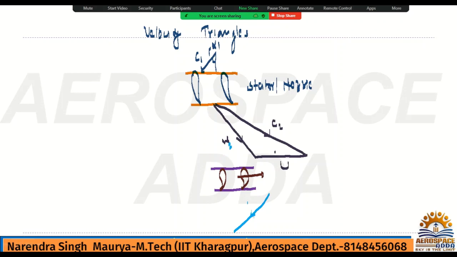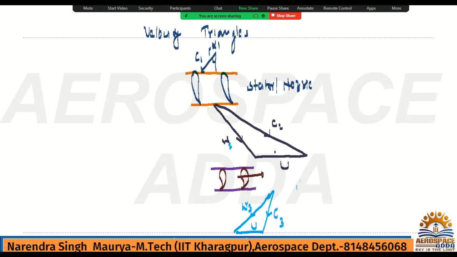Now exit will be W3, because the rotor is between 2 and 3. So W2 and W3 are important for us, and definitely this will be U, and this will be C3.